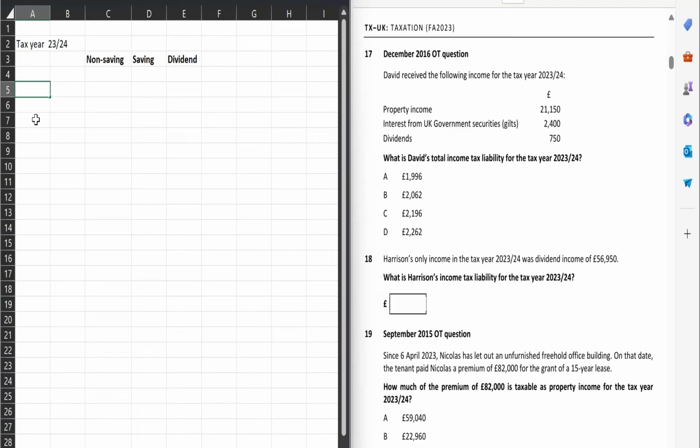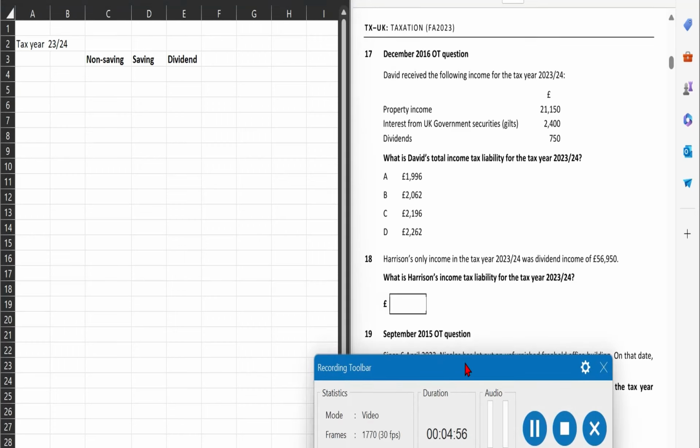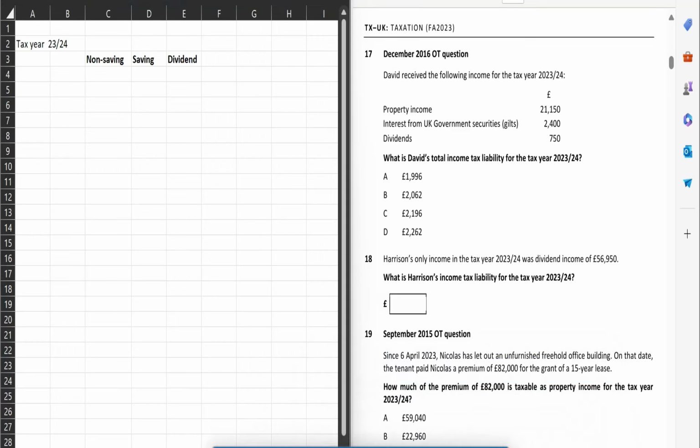So what are the incomes given? One is the property income. It will come under the non-saving head, 21150, right? The other is interest income, which will fall under the saving head, 2400, and the other is dividend, which falls under the dividend head, 750.